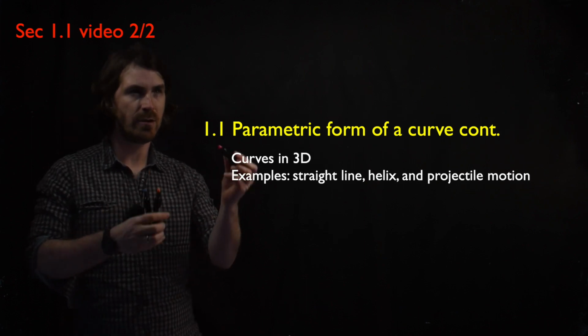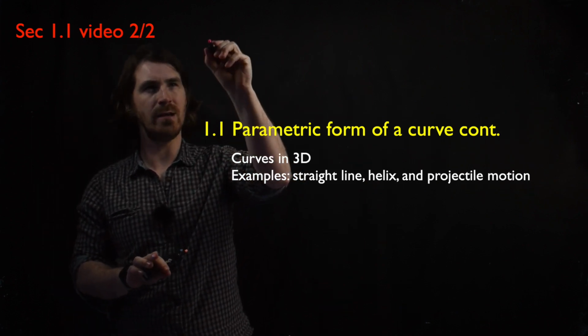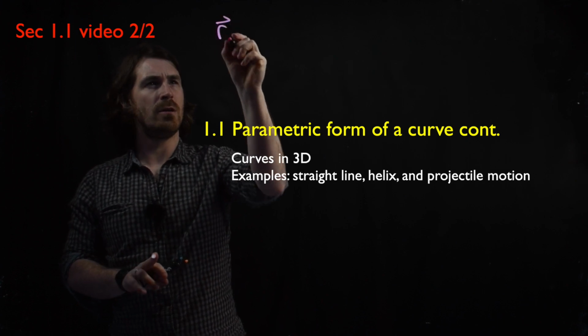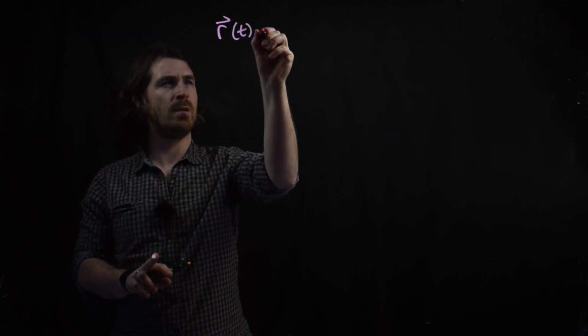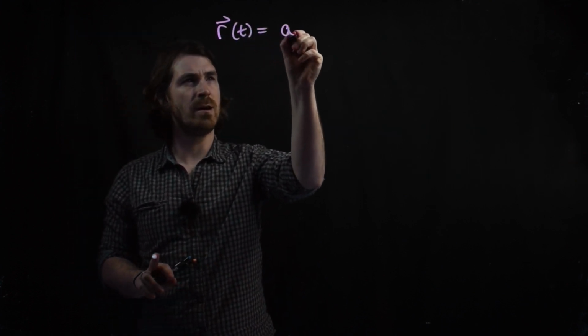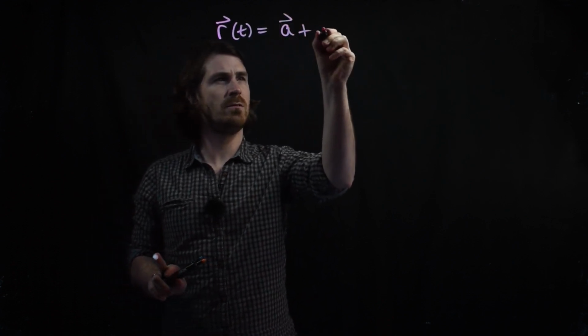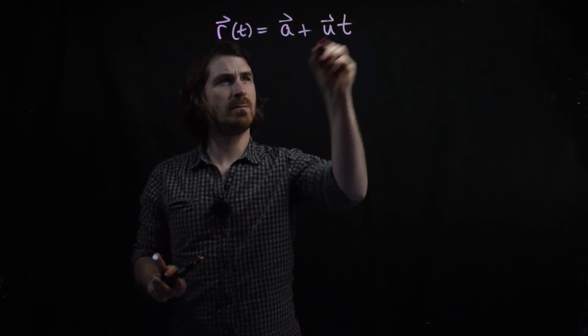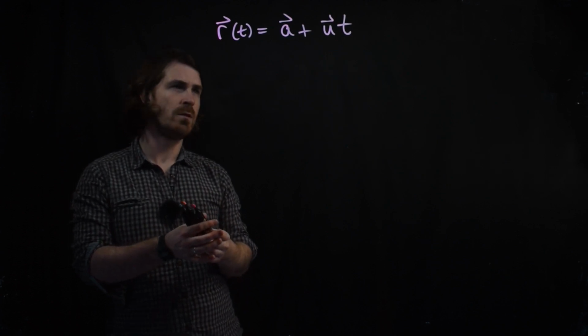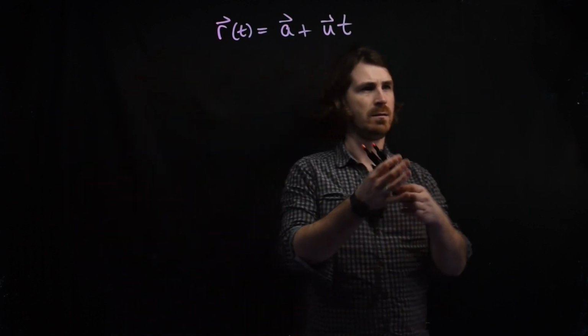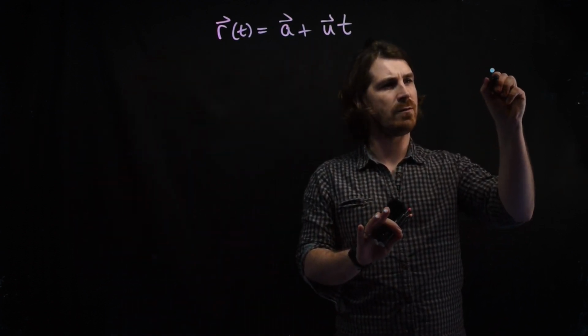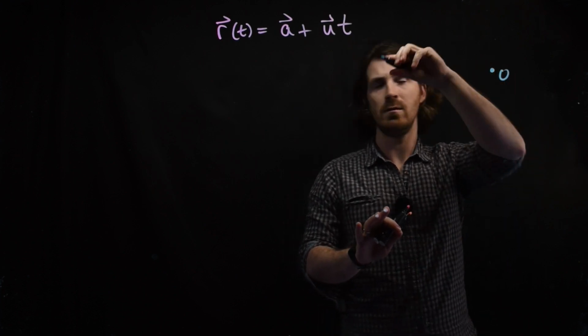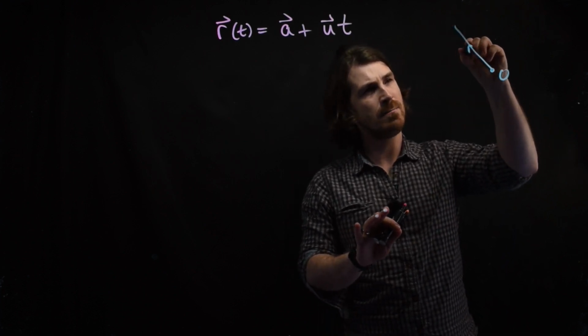Okay, so let's consider our equation for our straight line again. So we had r of t equals some vector a plus u times t. What we had drawn was we have some origin O. We go some vector a.